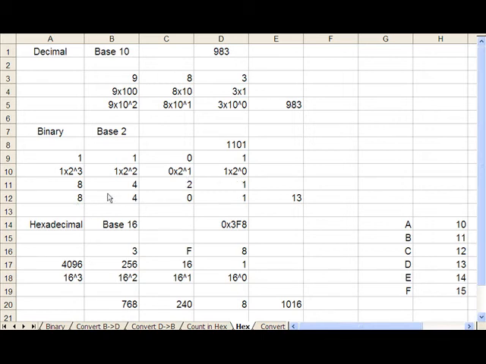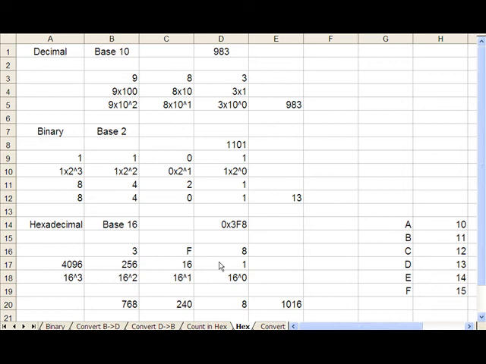So if we add these up, 1101 in binary turned out to be the equivalent in decimal of the number 13. In hexadecimal, or base 16, we're going to use our powers of 16 to determine the value of the places. So 16 to the 0 is 1, 16 to the 1 is 16, 16 squared is 256, and 16 cubed is 4096.